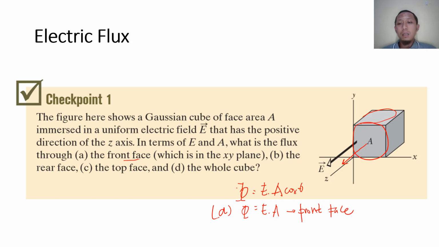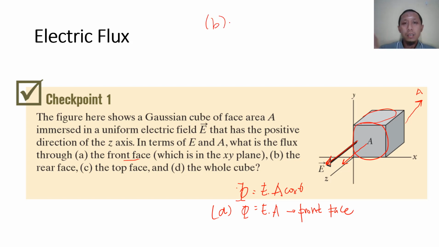And what is it in the rear face? In the rear face, it means behind the xy plane. So in the rear face, the vector A is here, and the electric field is here. So E and A are in opposite directions. It means that theta is 180 degrees.